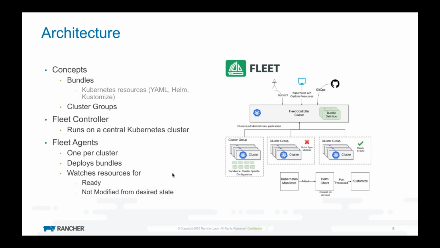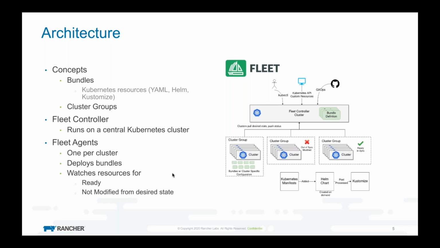Okay. So the basic architecture, from a concepts perspective, we really have two high-level things that we're looking at: bundles and cluster groups. The idea of bundles is it's just a collection of Kubernetes resources. We have built-in integrations for managing regular Kubernetes YAML, Helm charts, and anything based off the Kustomize tool.